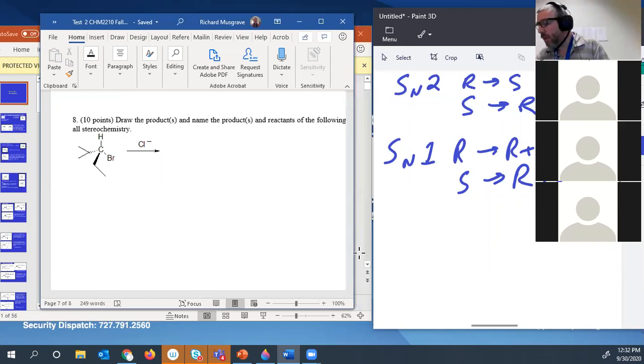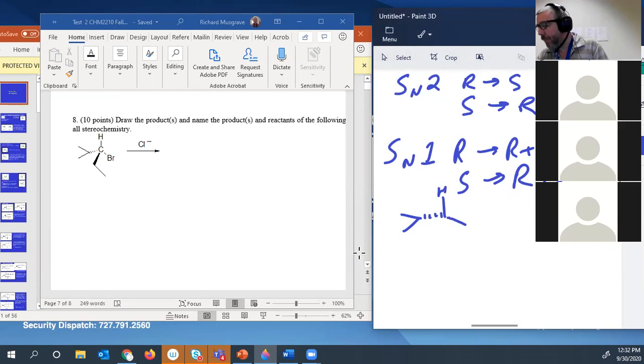You'll notice that if you're looking at the initial compound here, the lowest priority group, which is clearly the hydrogen, is not in the back. Right, and that's important to note. What that means is I can't look at this and tell straight away whether it's R or S. That's really the key there.